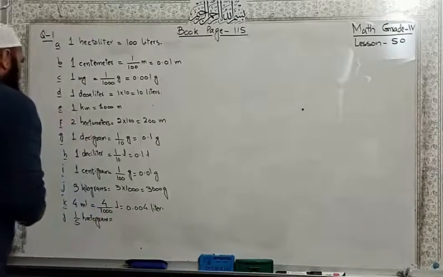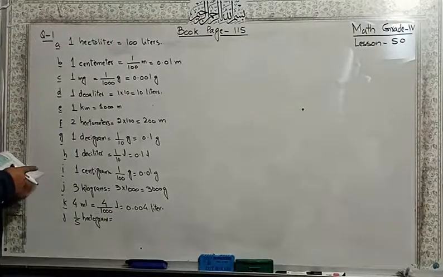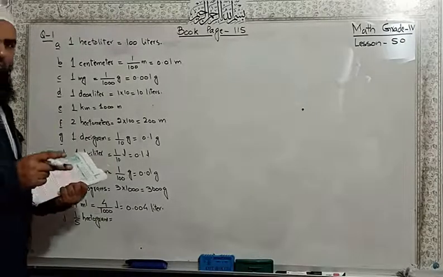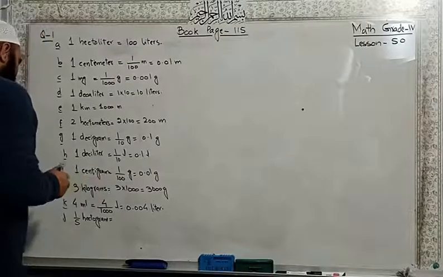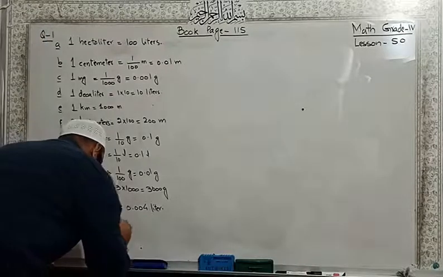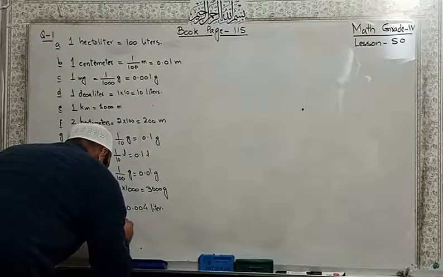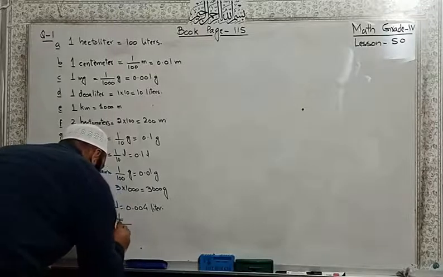This is not 1 hectogram, actually it is the 5th part of the hectogram. So this will be written as 1 over 5 multiplied by 100.